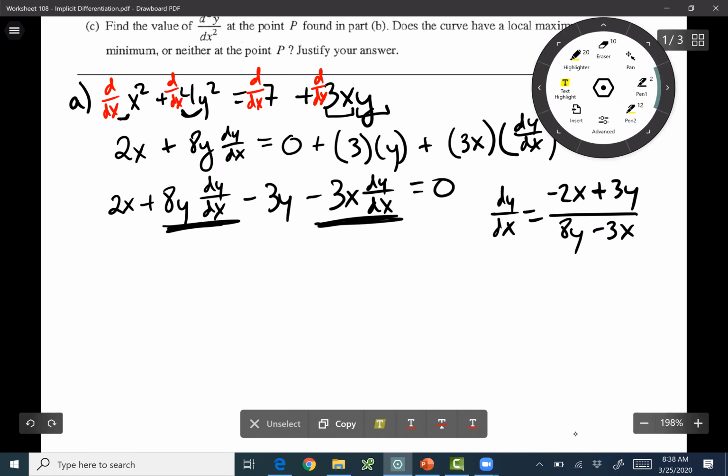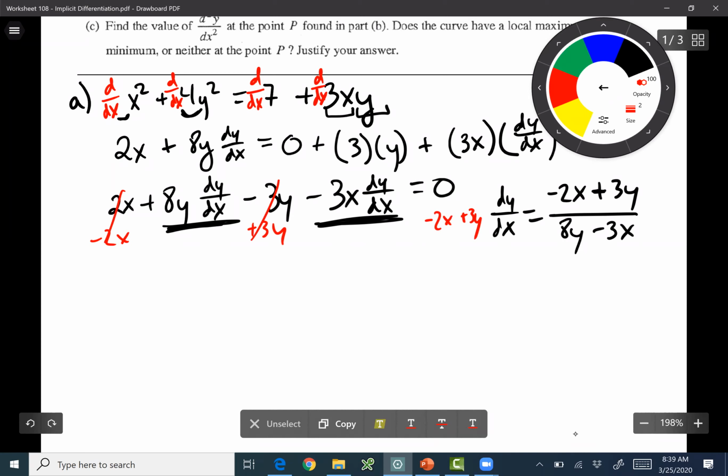You could just say, we wanted to subtract 2x from both sides and add 3y to both sides. Those cancel. And then we have 8y dy/dx minus 3x dy/dx equals negative 2x plus 3y.